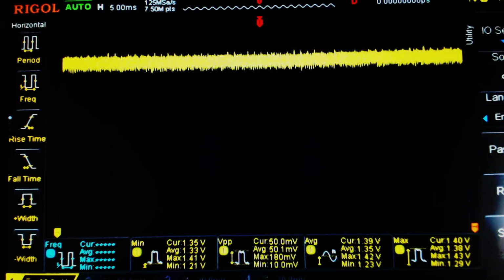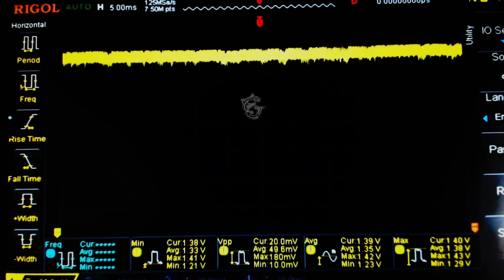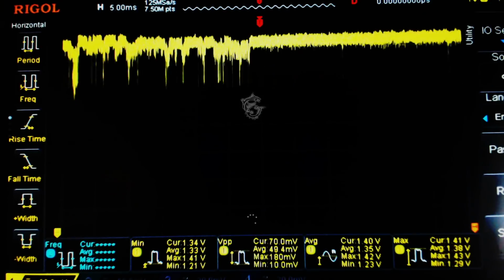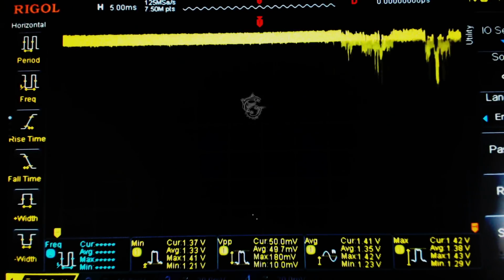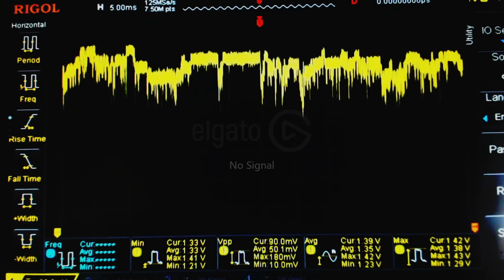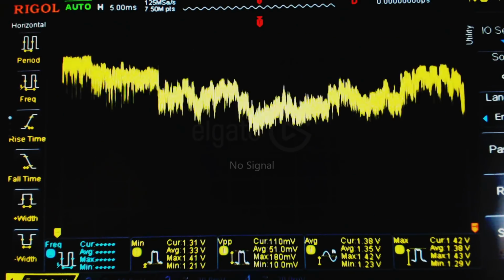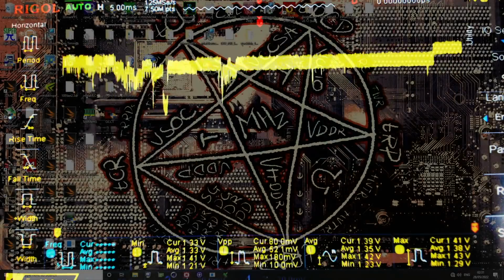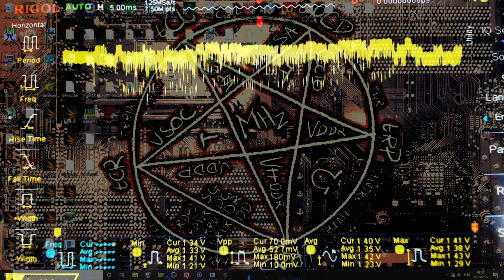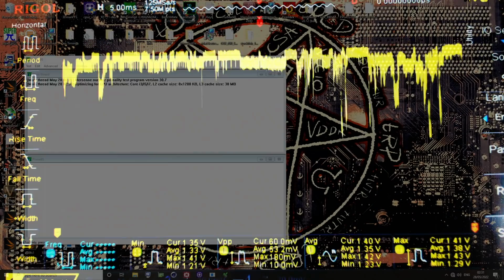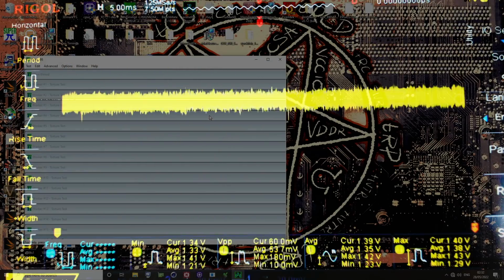So far, I'm not seeing anything particularly concerning, and I don't expect to until we try to run Prime95. So, Prime95, small FFTs, and go.